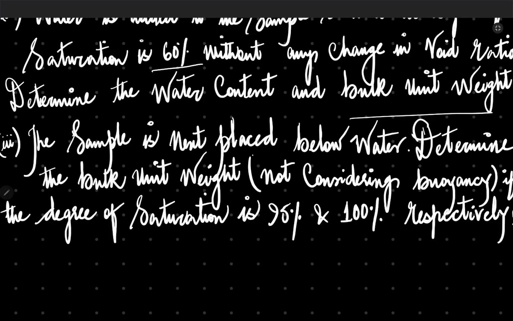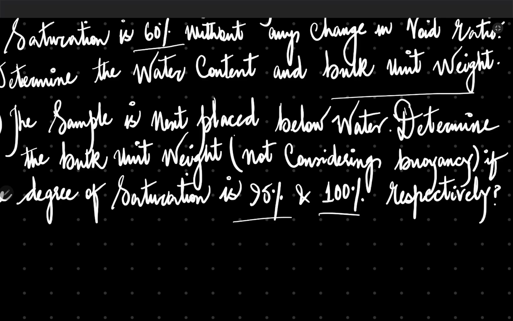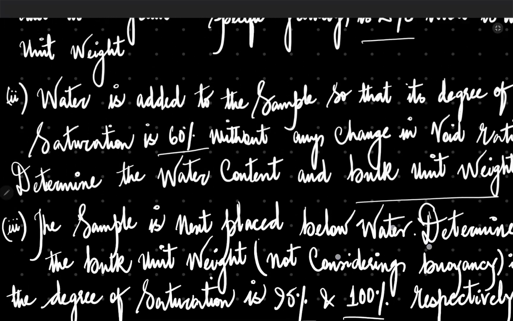Then the third part says the sample is next placed below water. Determine the bulk unit weight not considering buoyancy if the degree of saturation is 95% and 100% respectively. So the question has three parts. Let's go on solving this one by one.